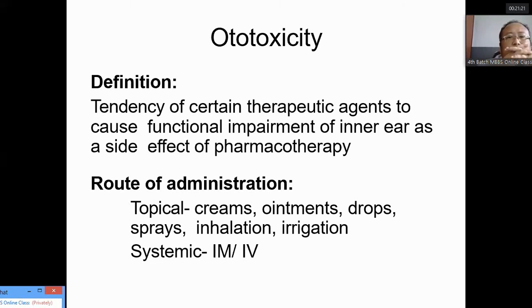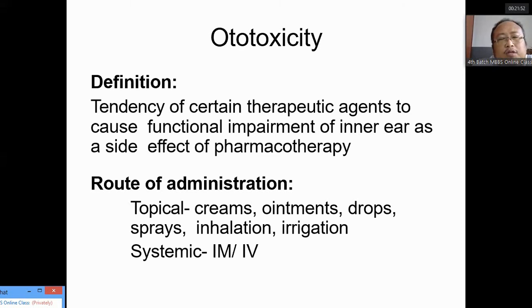Oto means ear, and toxicity means, as you know, the toxic effect of drugs. So the simple definition I have mentioned is the tendency of certain therapeutic agents to cause functional impairment of the inner ear as a side effect of pharmacotherapy. Or you can say these are unwanted effects.